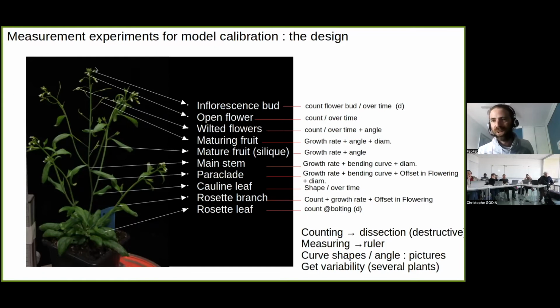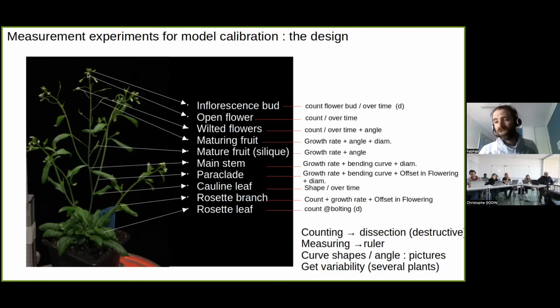Like in L-systems, you would say that at each step the apex generates an apex plus a flower, so a flower plus an apex at n plus one. Then this flower will grow, so at each step you make this flower grow. The question is how you calibrate the growth rate of the flower to generate such a bud, which is realistic and contains as many flowers as in real life. This can impact the development of the entire stem, of course.